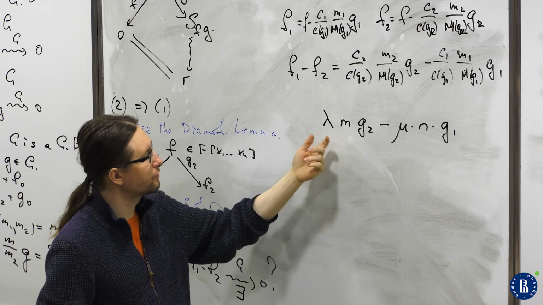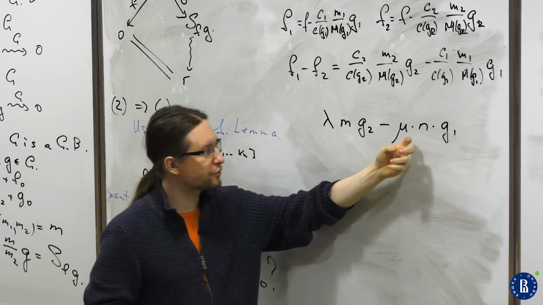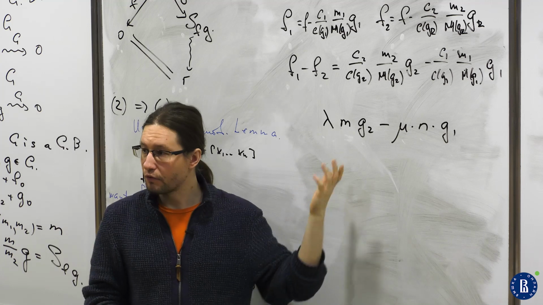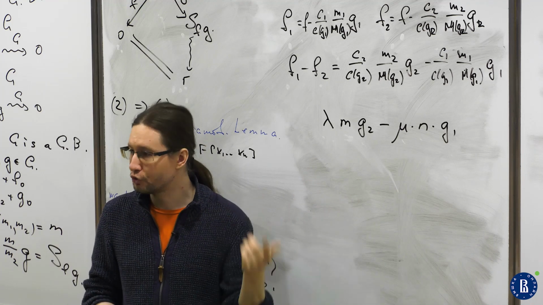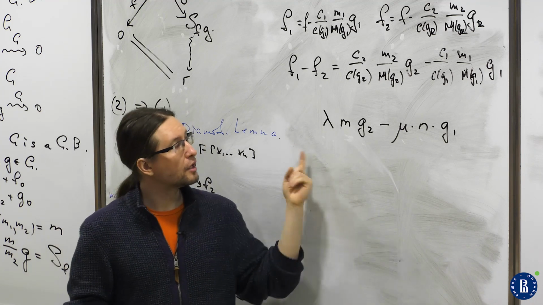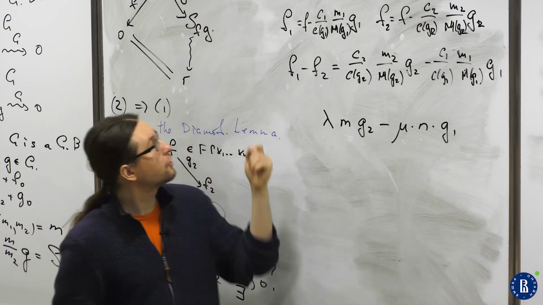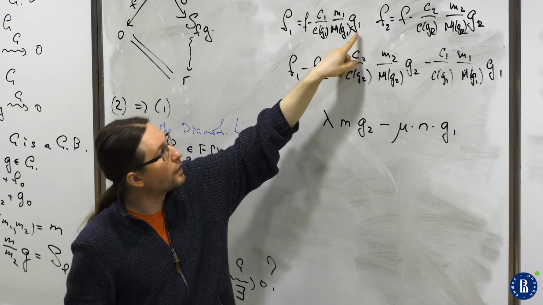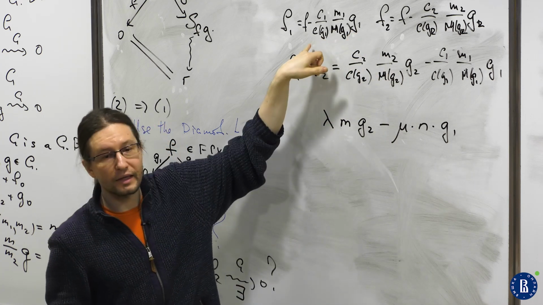It is of the form coefficient monomial G2 minus coefficient monomial G1. If I make a reduction of this expression by G1 or G2, the resulting expression will be of the same form, because every reduction subtracts G1 or G2 times a monomial and a coefficient.